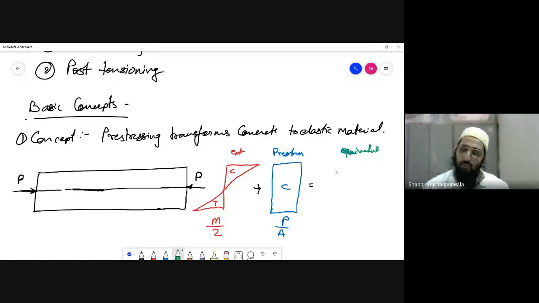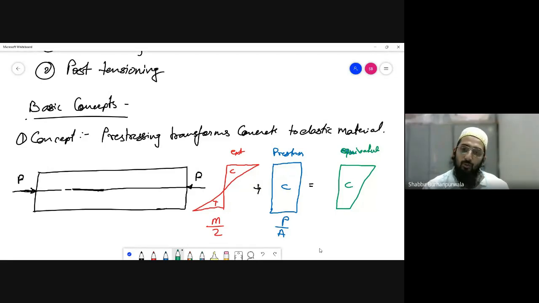Equivalent load can be of different types, but for our sake of understanding, the compression will add up and become very high on the top fiber, and the tension at the bottom and compression will counteract, and a little bit of compression will remain at the bottom. So this is your final effective force or stress diagram for the cross section.